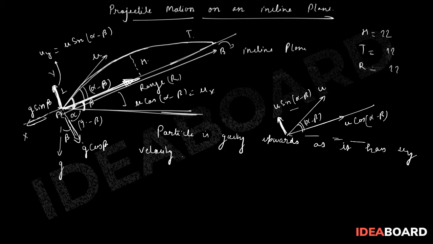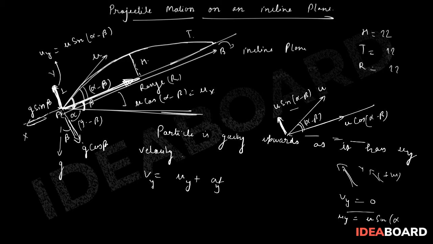So we can use v = u + at, but along the y direction. Taking this direction as positive, I can write that vy at a certain point will be 0, uy is u sine(alpha minus beta), and of course ay is minus g cos beta.